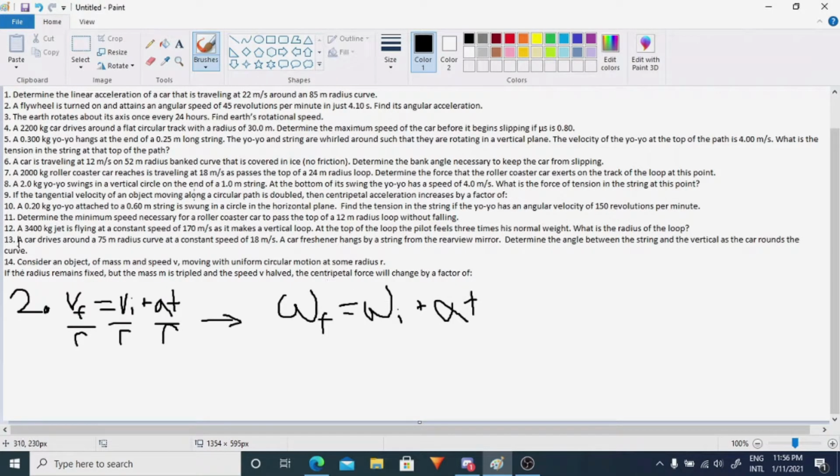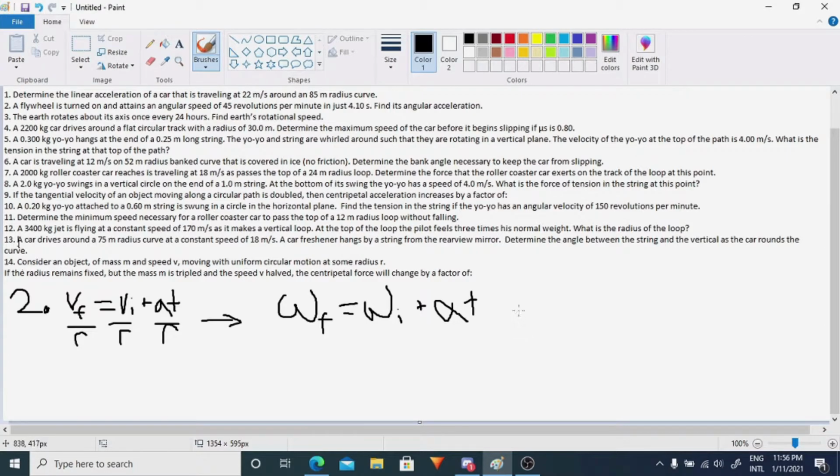So now, because question 2 is in angular speed, we can use this to find our angular acceleration. We know a flywheel is turned on and attains 45 revolutions per minute, which means that 45 revolutions per minute is the angular velocity final, and 0 is the angular velocity initial.